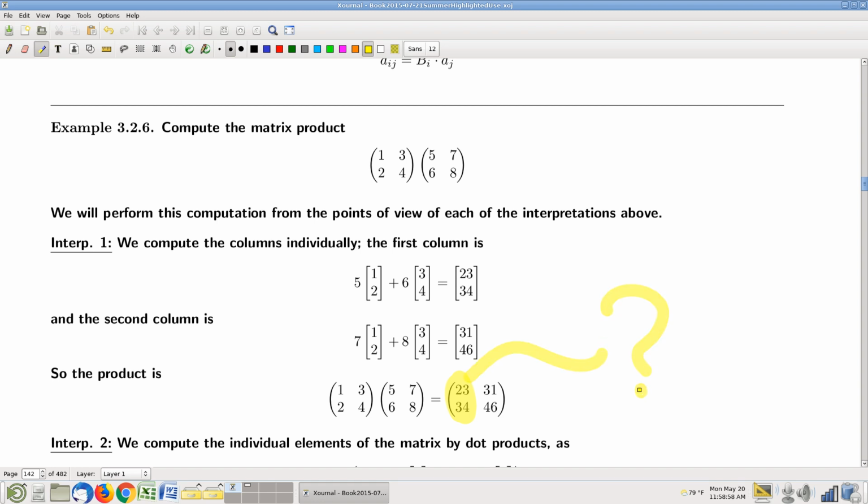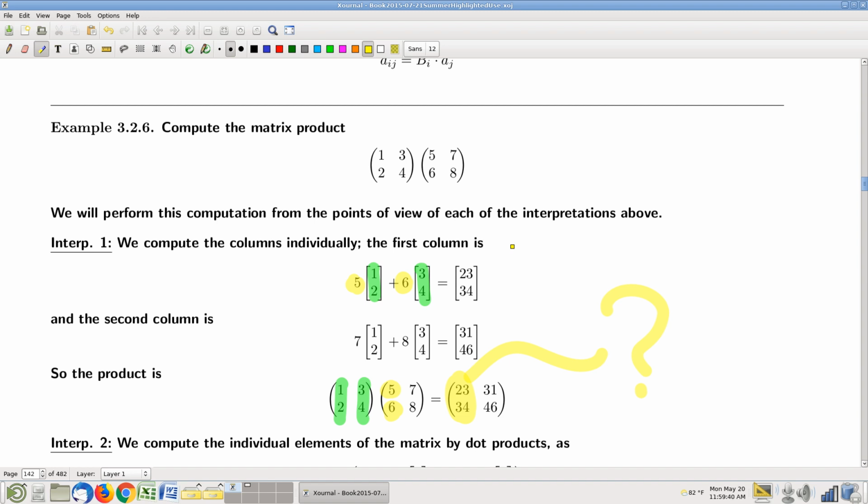I'm taking a linear combination of the columns of the left matrix, you can see them right there, where I use the corresponding column of the right matrix as my coefficients. Since I'm looking at the first column of the product, I look at the first column of the right matrix. Those numbers 5 and 6 tell me how to take a linear combination of the columns of the left matrix to get that corresponding column of the product.